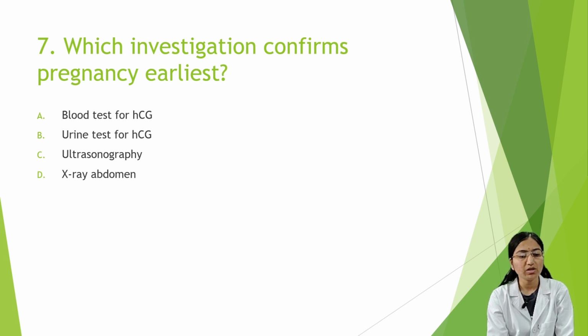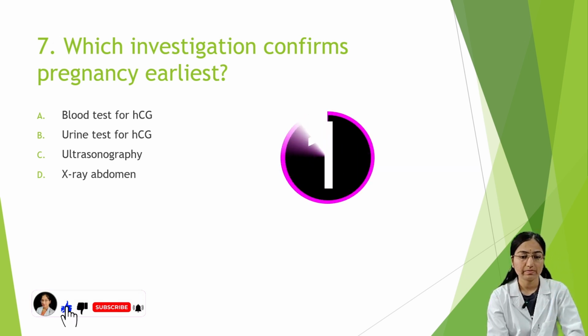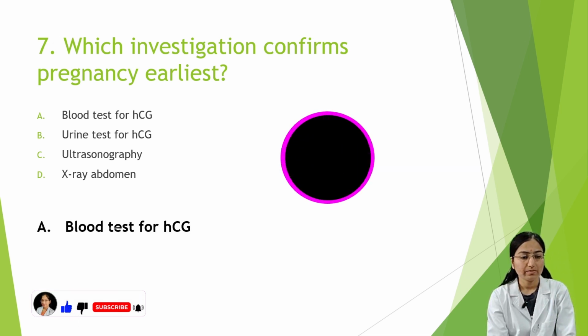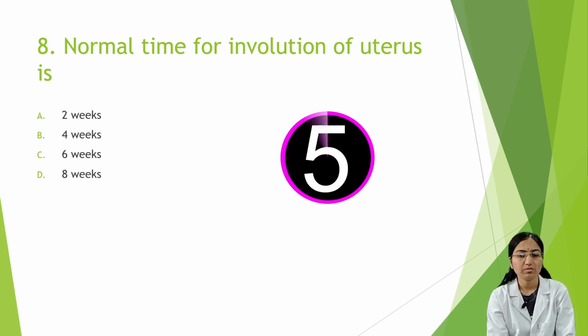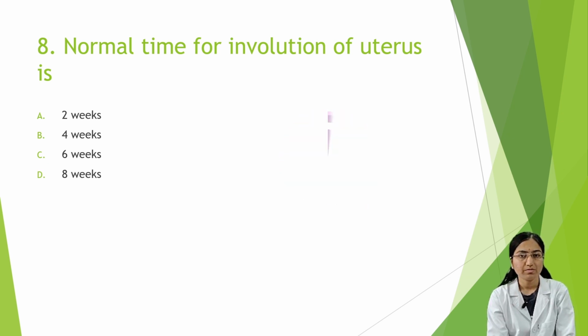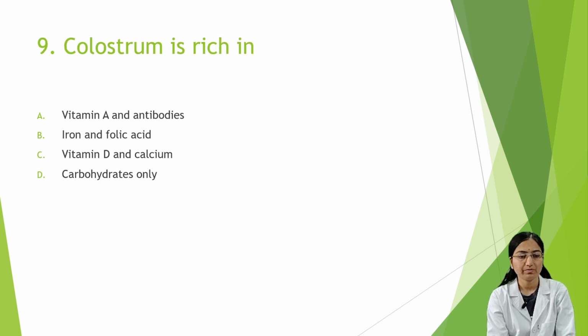Next question. Which investigation confirms pregnancy earliest? Blood test for HCG. Normal time for involution of uterus is? Six weeks.